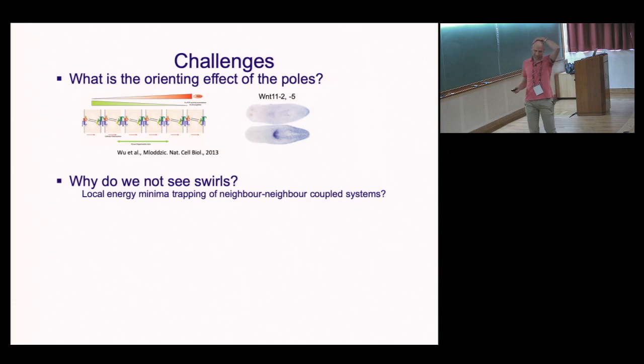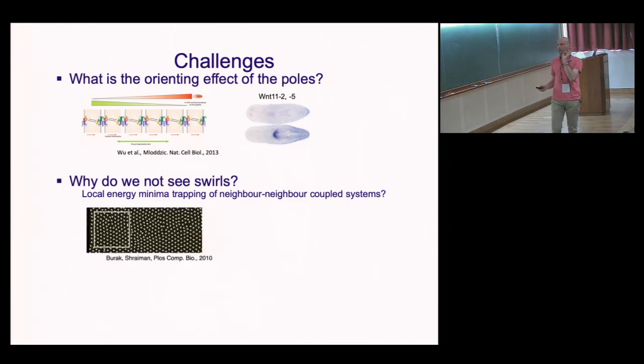Secondly, there is this question of why we do not see swirls in this system. And this is one that I find deeply interesting, again because of this danger of getting trapped in local minima. Just remember again that planarians are at least an order of magnitude larger than a Drosophila wing disk.